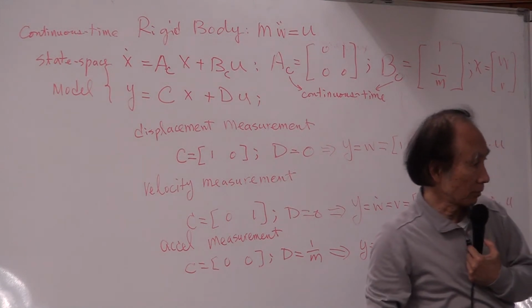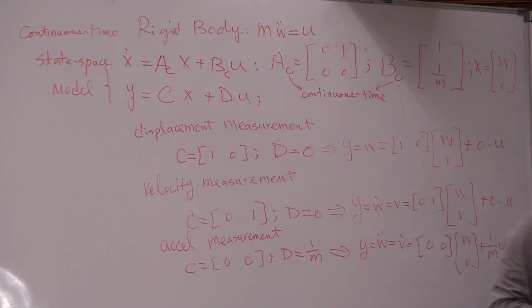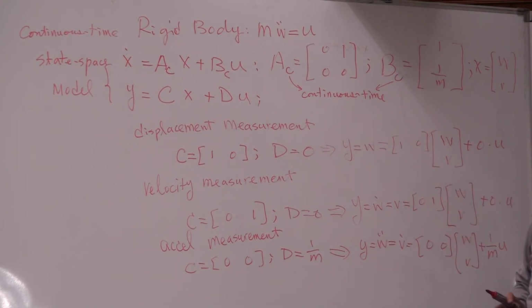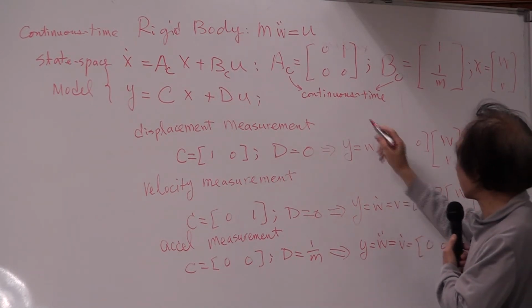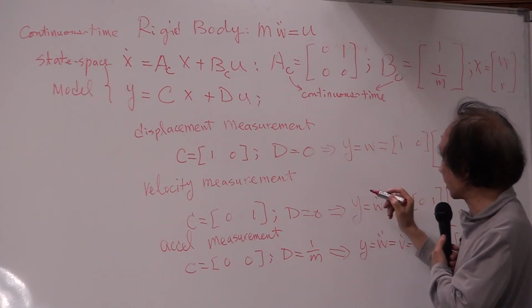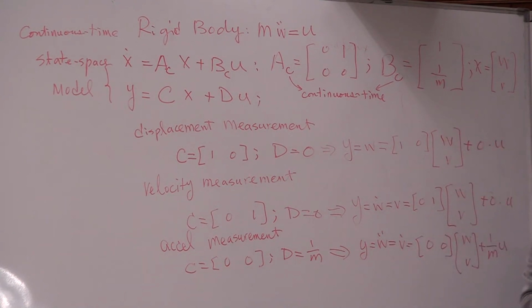So all the AC, BC, C, D have names. So this is continuous time. A means state matrix, B is input matrix, C output matrix, D is direct transmission matrix. Okay? That's a summary for rigid body motions.